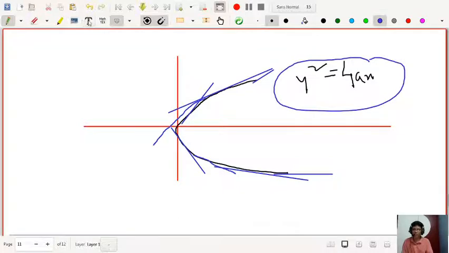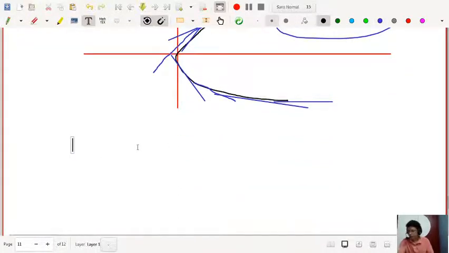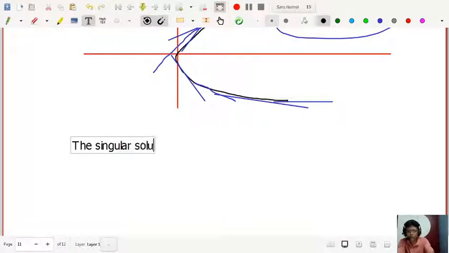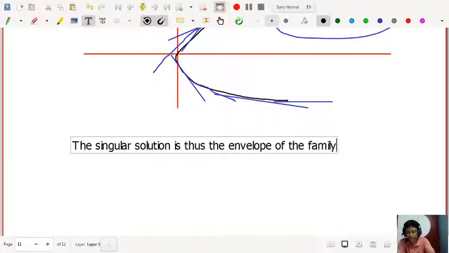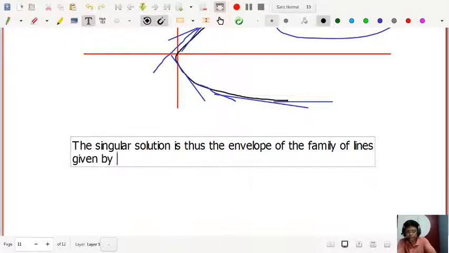So let me write the last line: the singular solution is thus the envelope of the family of lines given by the general solution.